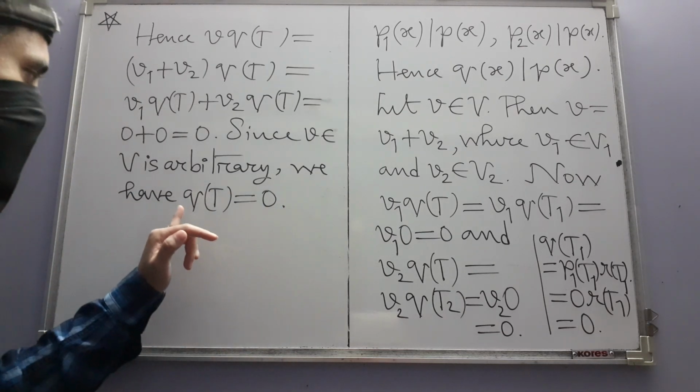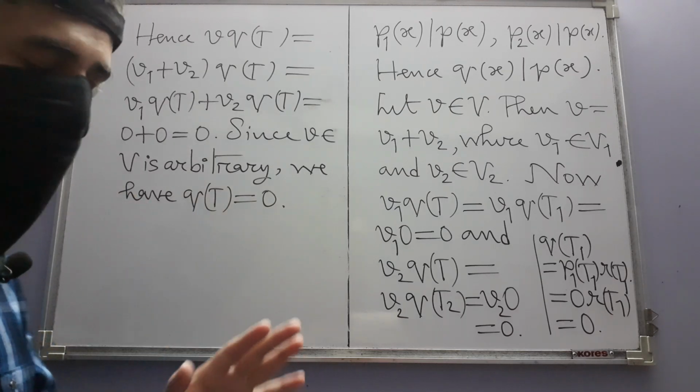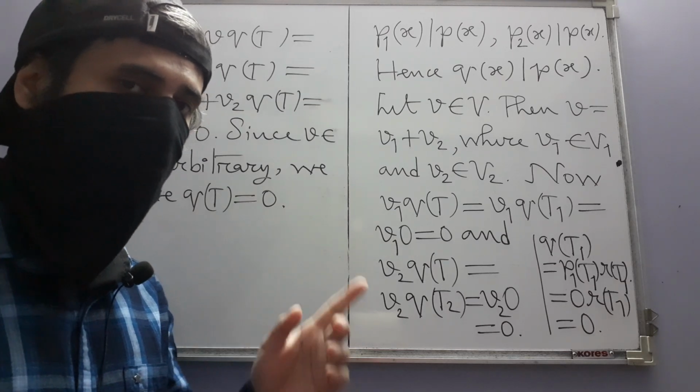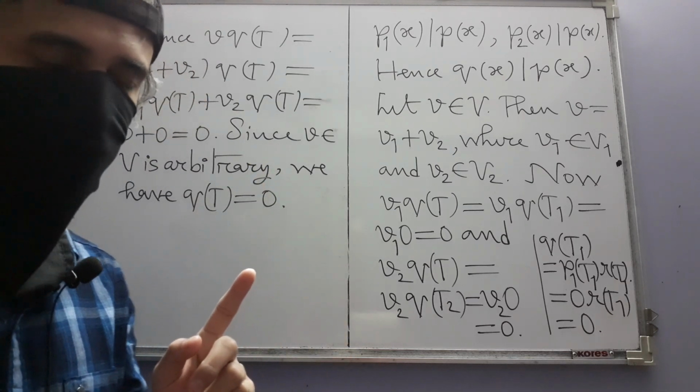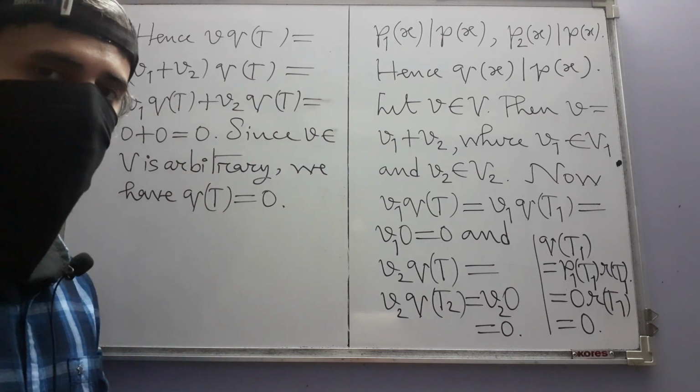Okay, so now Q becomes not a minimal polynomial. What I wanted to say is that Q is an annihilating polynomial for the original operator t. And what is the minimal polynomial for our original operator t?